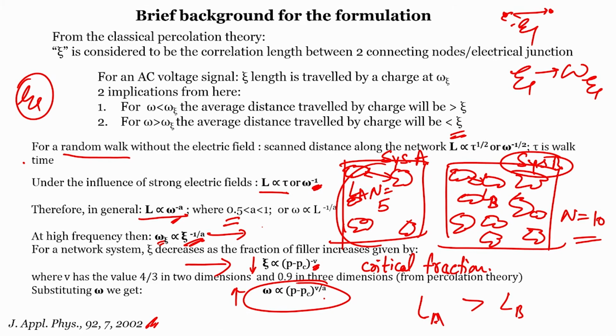So what does all these things mean? It means that if you keep on increasing the filler fraction, the point at which the charge cannot travel a distance greater than the correlation length will be at very high frequency, whereas if the filler fraction is comparatively lower, then the frequency at which the charge has to travel a distance which is always going to be smaller than the correlation length will be at lower frequency.